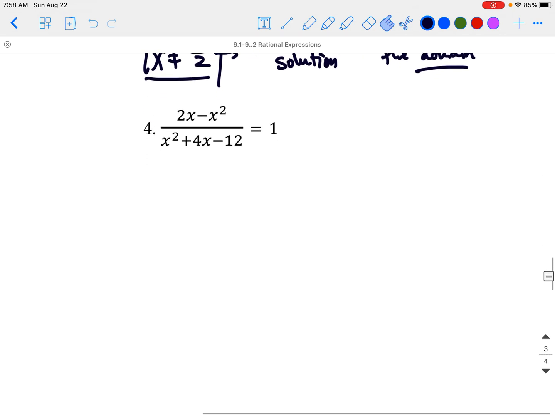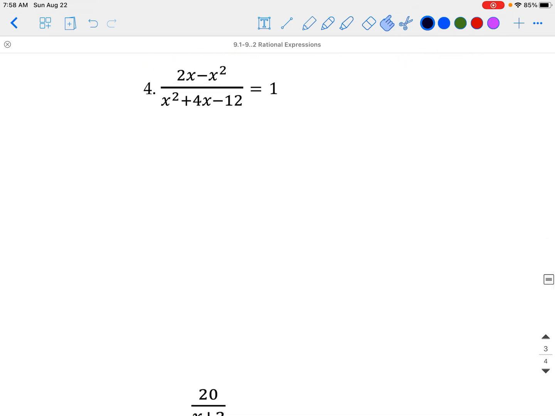So for number 4, I'm going to take a slightly different approach. Again, we could factor this and then cancel terms, but I'm actually going to do that multiplication step instead, just to show you what that looks like. So I'm going to multiply both sides of my equation by my denominator. And what we'll note here is that this is actually going to factor pretty nicely.